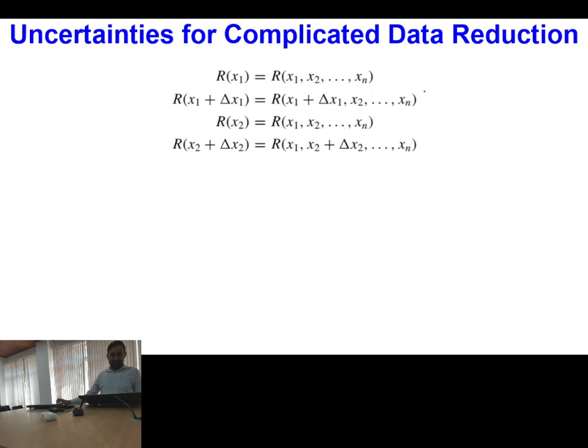Then of course when the number of parameters is less, then estimation of uncertainty is actually simple. Say you have 5 parameters, 10 parameters, or even 15, then also you can do the measurements. But say in some case you have 100 parameters.